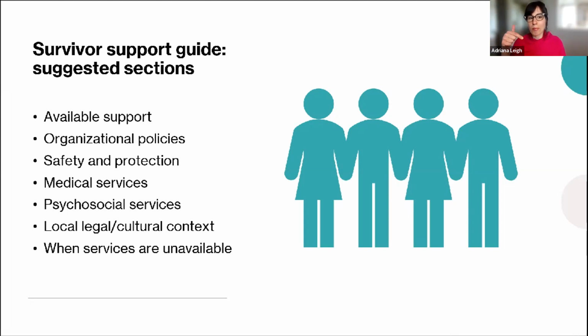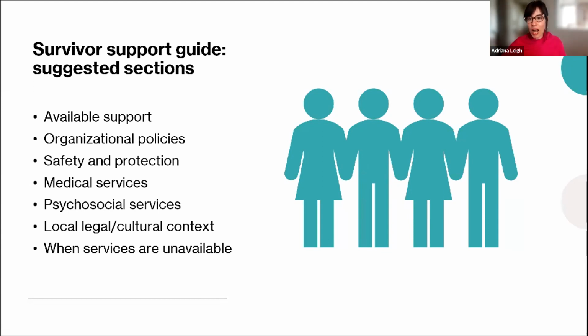We talk a little bit about policies in the next section, but it's good to think about the content of those policies, right? Because I think that's another reason that we can use this guide. Another way you can use this guide is to review good practices and things you can improve in your own policies. So some of the suggested sections that we think you need to have in a guide that you're creating in country to support survivors include, obviously, what available supports there are.